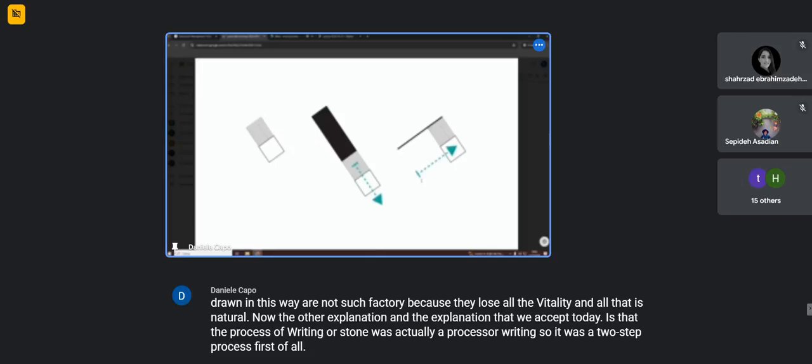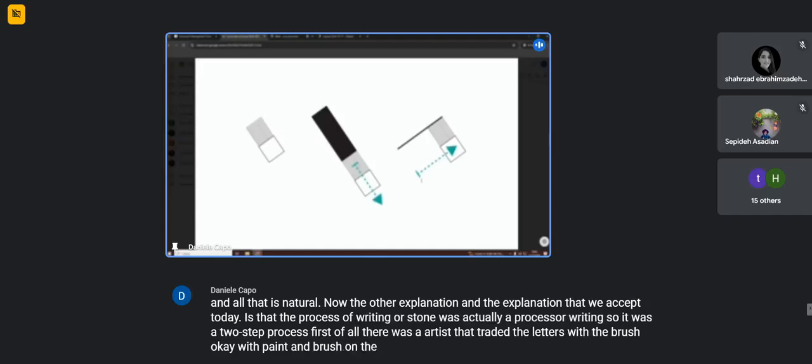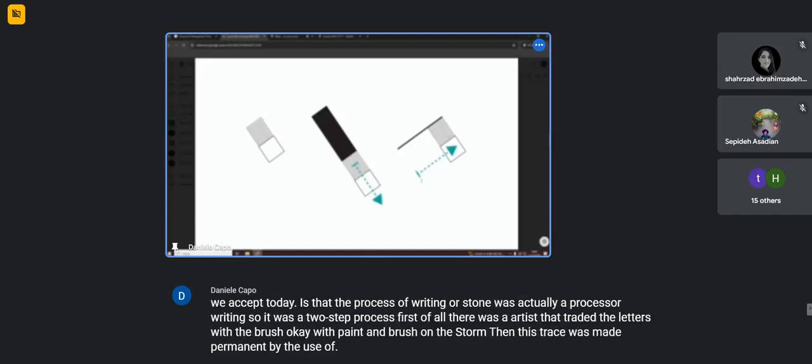First of all, there was an artist that traced the letters with a brush, with paint and brush on the stone. Then this trace was made permanent by the use of a chisel to engrave the stone.